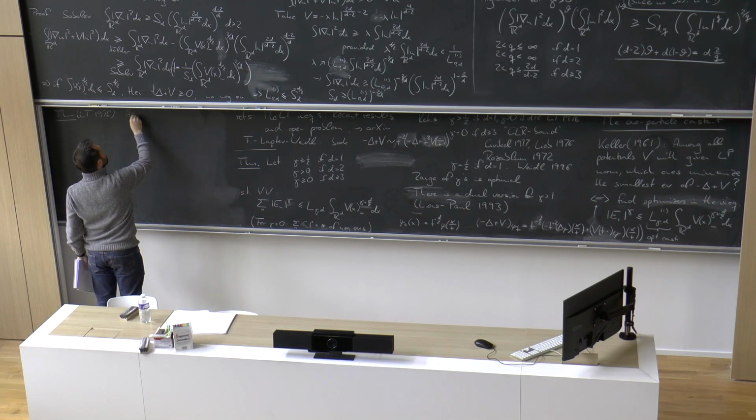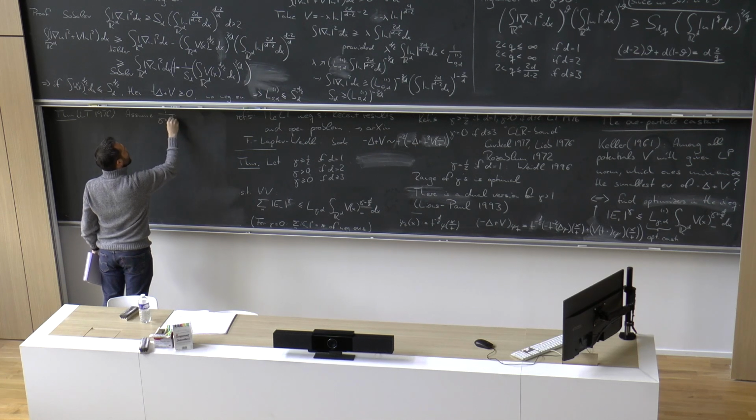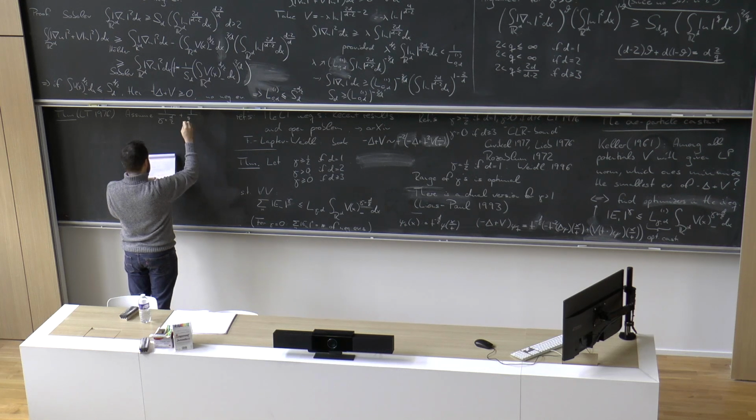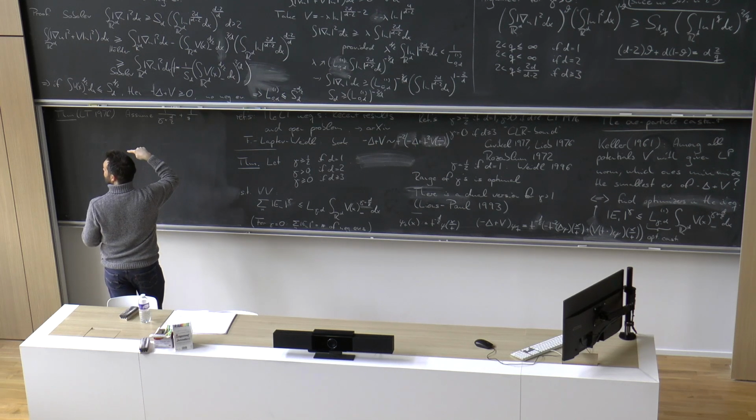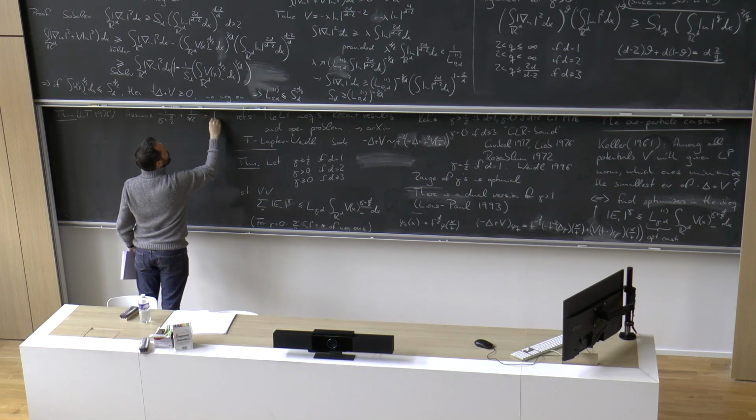So assume that 1 over gamma plus d over 2 plus 1 over q over 2q, no, q over 2, that's right, is equal to 1.